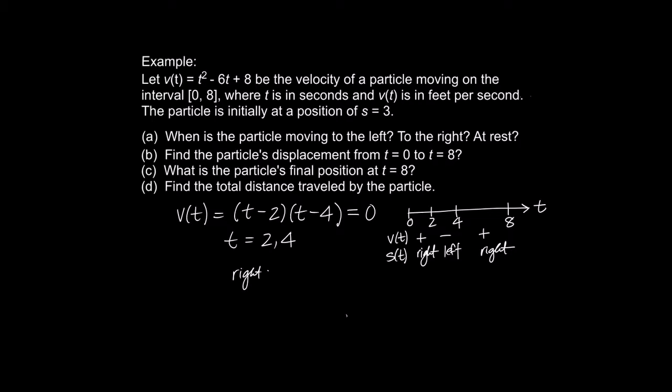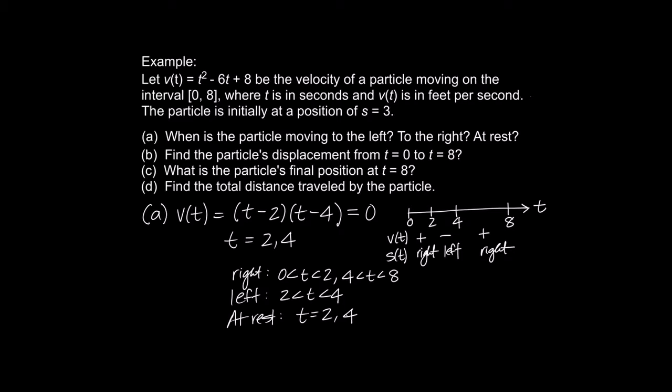Moving to the right is from 0 to 2, as well as 4 to 8. Moving to the left is from 2 to 4. And at rest is when t equals 2 and 4. So this is the work for part A.